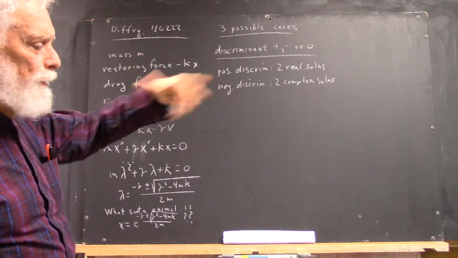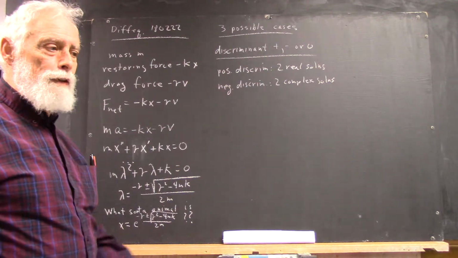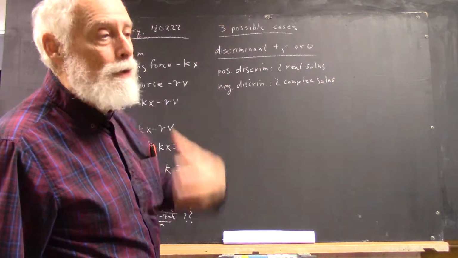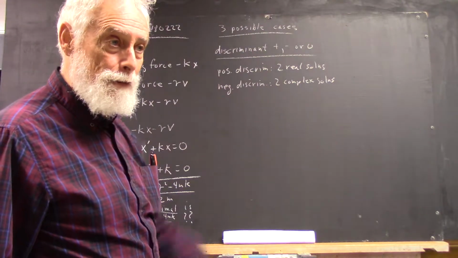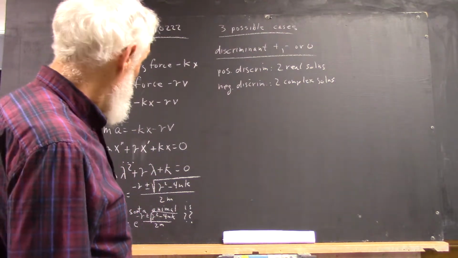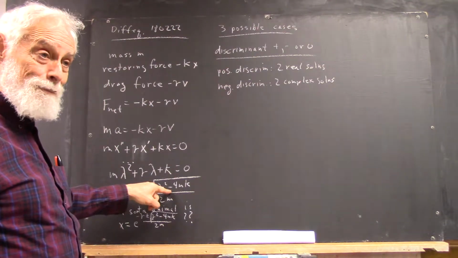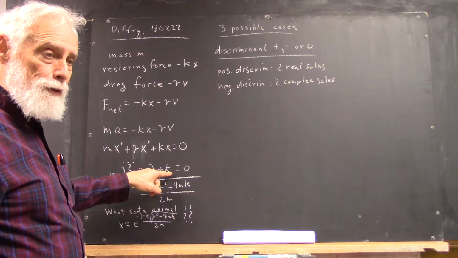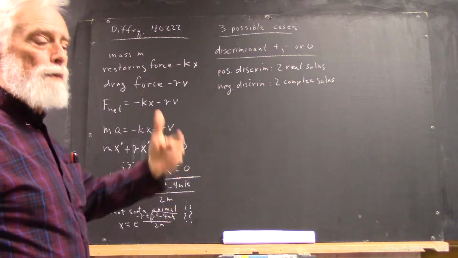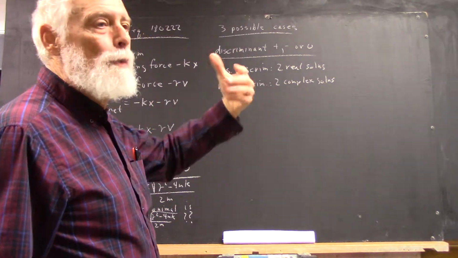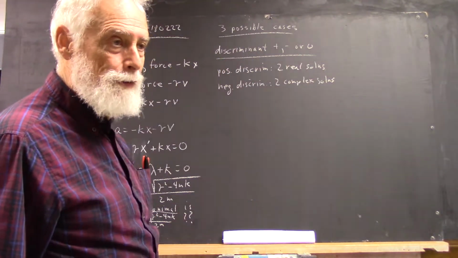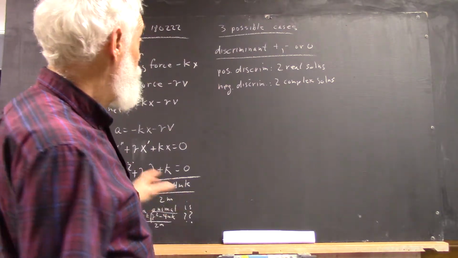The general solution will have a coefficient of the sine function and a phase angle. And the angular frequency will be this. Of course, if gamma is 0, this gets really simple. It just reduces to your solution where you get a sine of omega t plus a phase angle, right? And we're familiar with that.